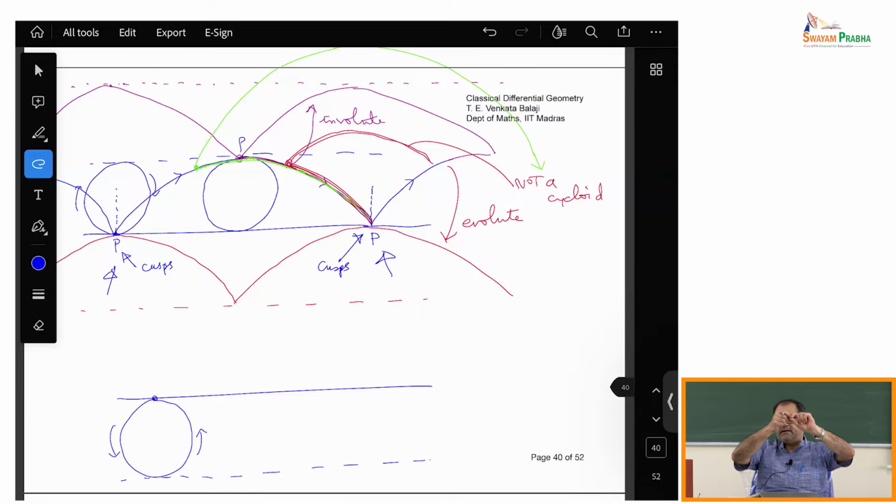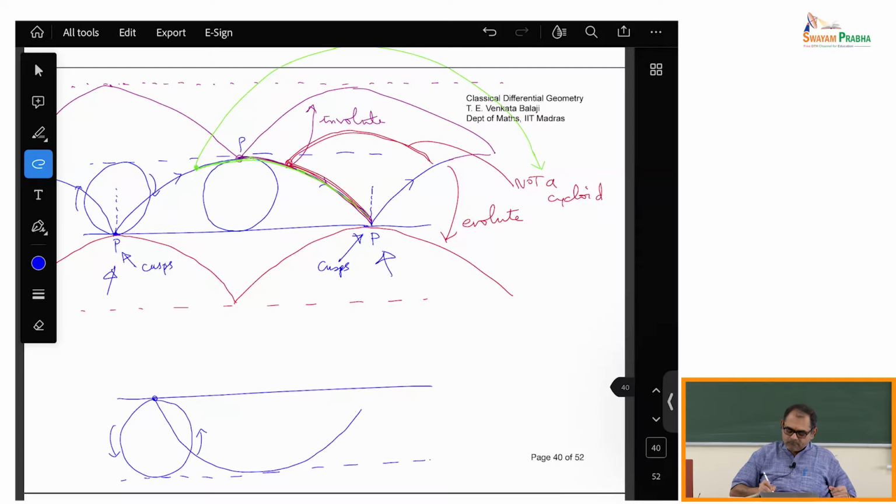For example, think that the line has some magnetic property, and the circle is a magnetic material, so that it is always held to the line, so that as you move it, it will keep touching it. If it rolls, of course it should not slide, it should only roll. Then you will again get a cycloid like this. So from here to here, I will get this inverted cycloid shape.